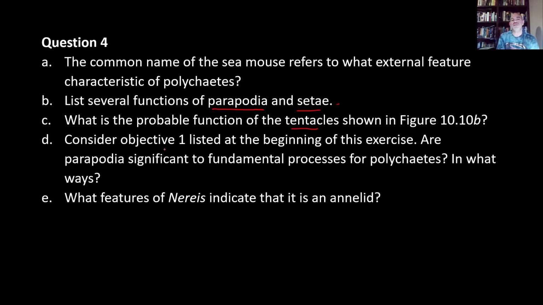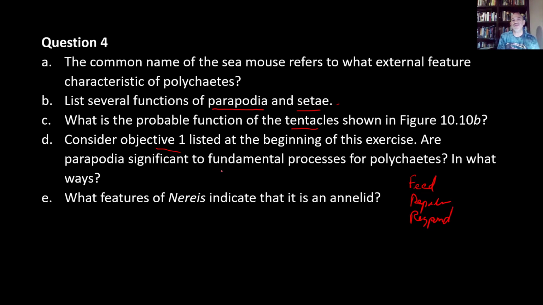And then objective one in these labs we do on animals is always about the significance of the fundamental processes for these animals. And those fundamental processes, again, are to feed, to reproduce, and to respond to the environment.